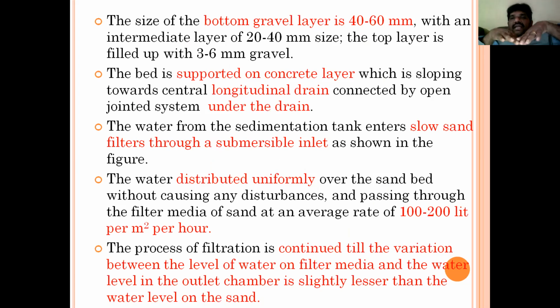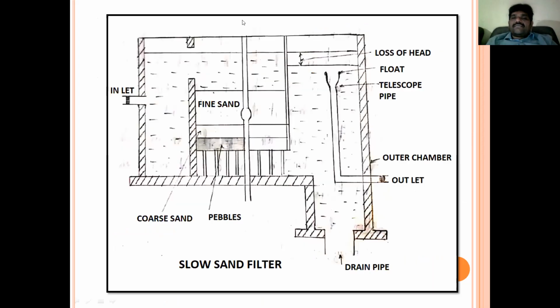The bed is supported on a concrete layer which slopes towards the central longitudinal drain, connected by an open jointed system. Under the drain, the filtered water enters the outlet chamber, which has a float connected to a telescopic pipe. After filtration, the water enters through the outlet and goes out.